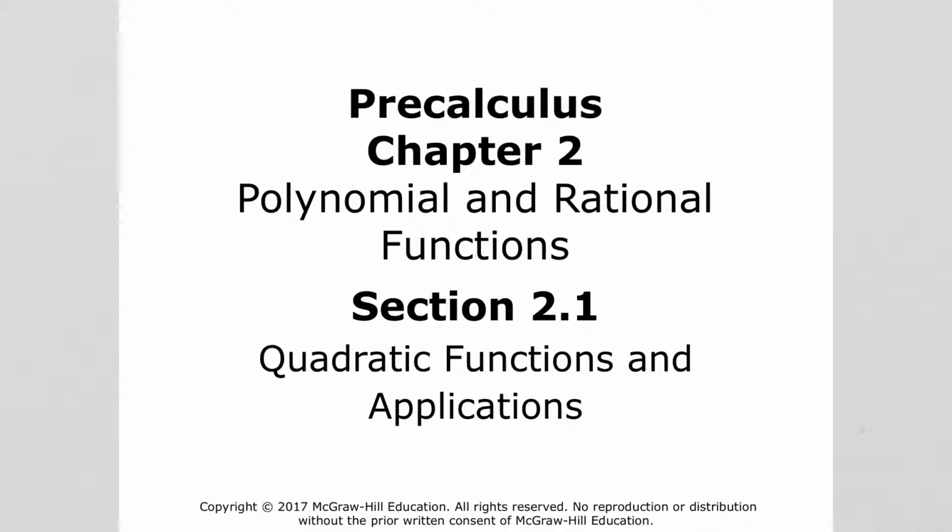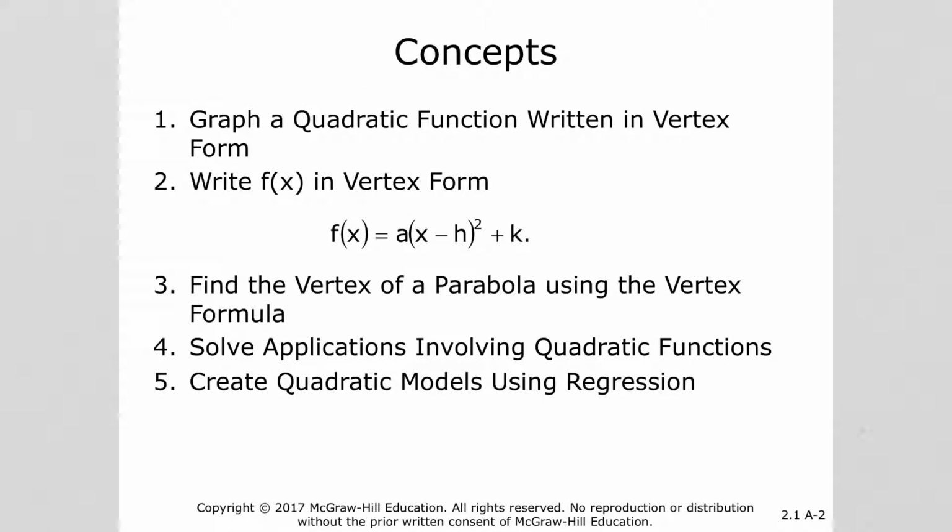Today we're going to begin looking at quadratic functions. So a quadratic function in vertex form is f of x equals a times x minus h quantity squared plus k.